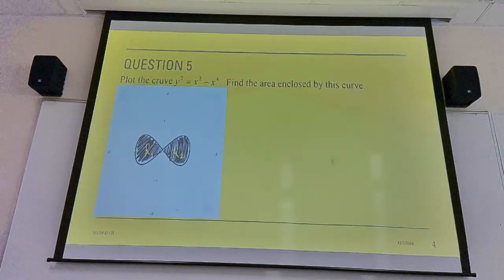Find the area of both. Add them together. But wait a minute. That's symmetric, which means those two regions have the same area. So find that region and double it.